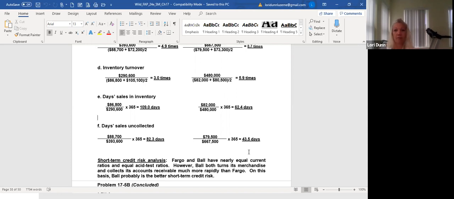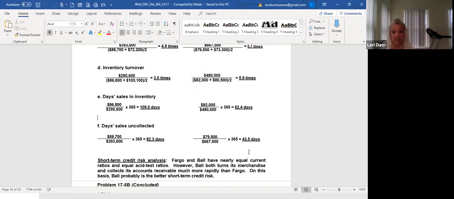Ball and Fargo have nearly equal current ratios and asset test ratios. However, Ball both turns its merchandise and collects its accounts receivable much more rapidly than Fargo. So that means they're converting their inventory to sales and sales into cash much more quickly than Fargo.